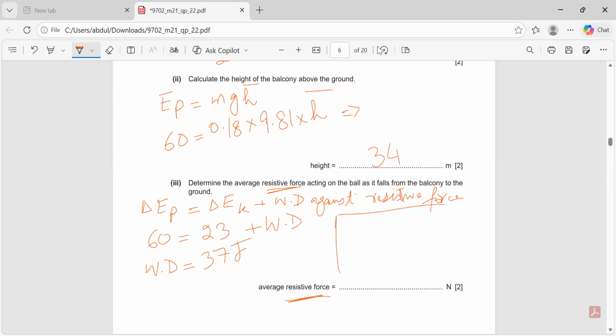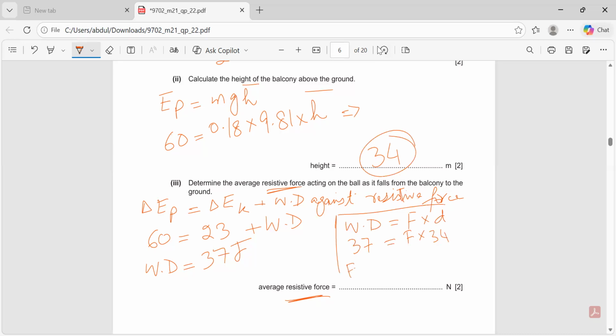Now what to do? We know work done is equal to force times the distance in the direction of force. So gravity, mgh, so force is in the direction of the weight. Basically, weight is the force responsible for this fall. So here, 37, the work done against resistive forces, is equal to force times the distance traveled, that is the fall, 34 meters.